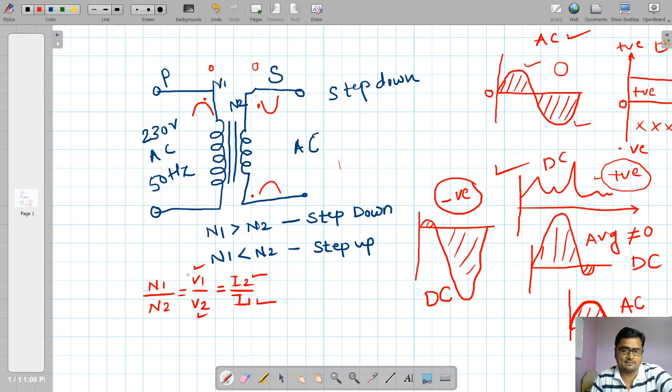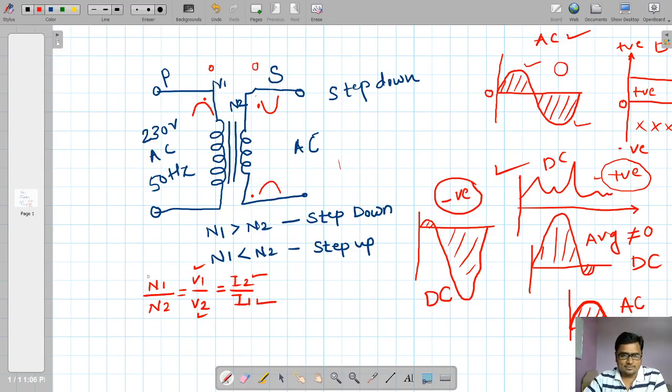Now look at this equation. The number of turns ratio, that is N1 and N2, is proportional to the voltage as well as the current. But look at the voltage and current: I am writing V1 by V2 is equal to I2 divided by I1. So the currents and voltages are inversely related.